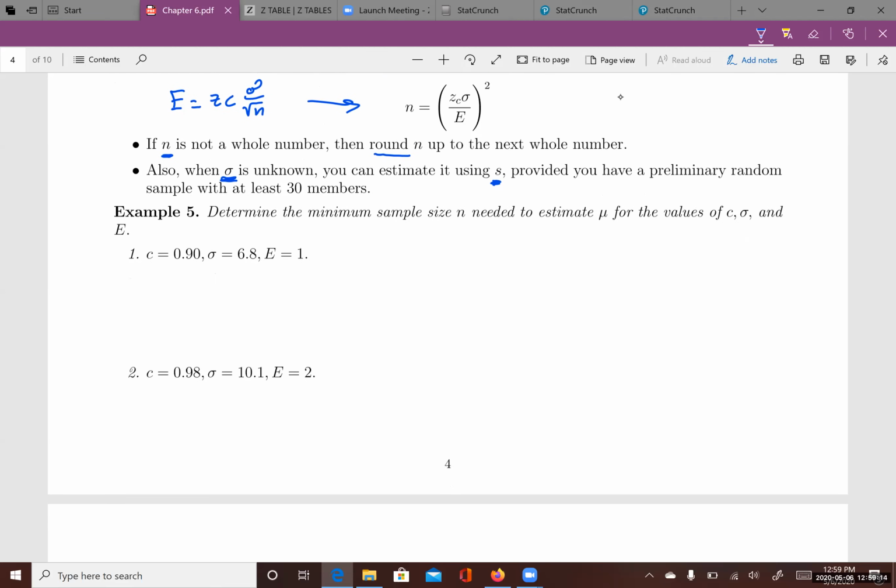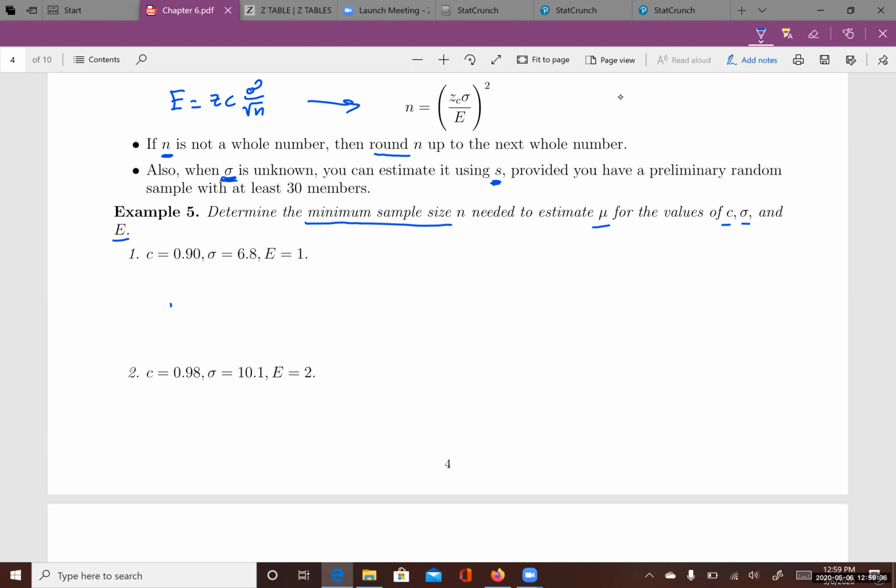Determine the minimum sample size needed to estimate mu, which is the population parameter, for the values of C, which is the level of confidence, sigma, which is the population standard deviation, and E, which is your desired margin of error.